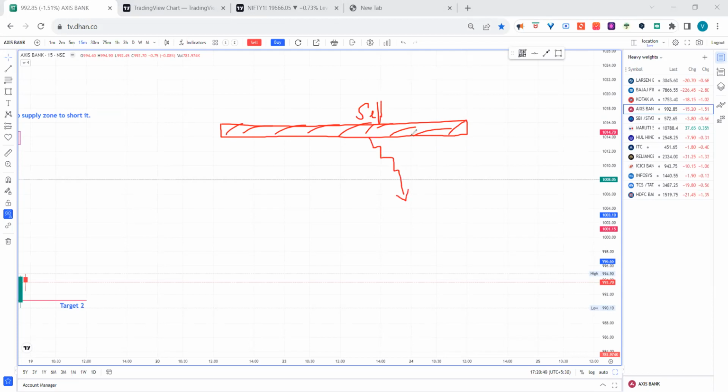This usually means that the institutions, the FIIs and DIIs, are shorting or selling at this particular point, and their selling is visible to us through such big range candles. Once a big move comes towards the downside, this is the first leg of the move.